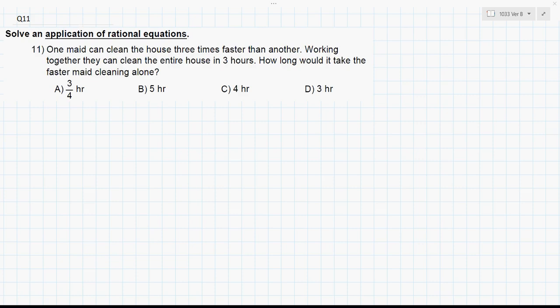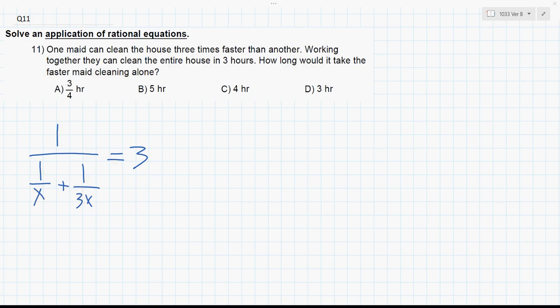Because it takes them 3 total hours to make this, we're first going to say equals 3. Then we think, well, in 1 hour, they would be able to get the house 1/3 of the way clean, right? So this one will end up being 1 over x plus 1 over 3x.